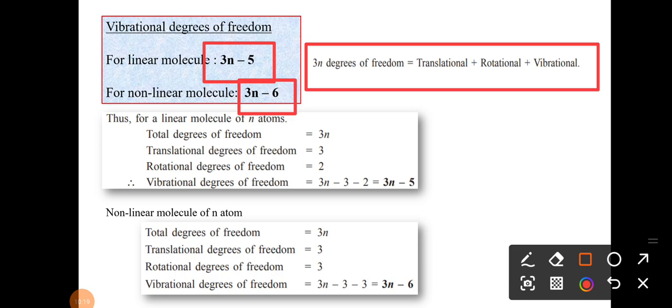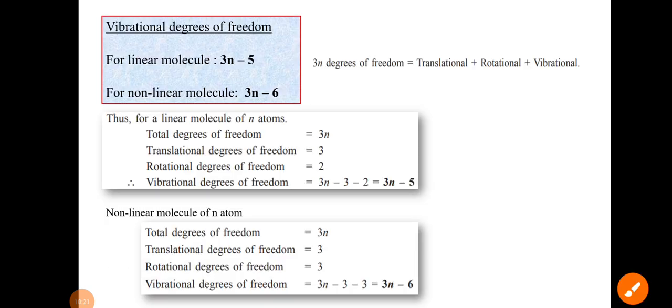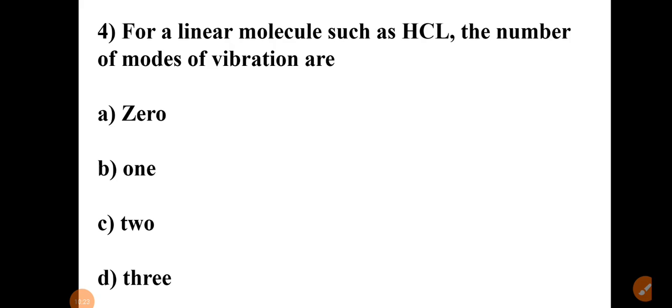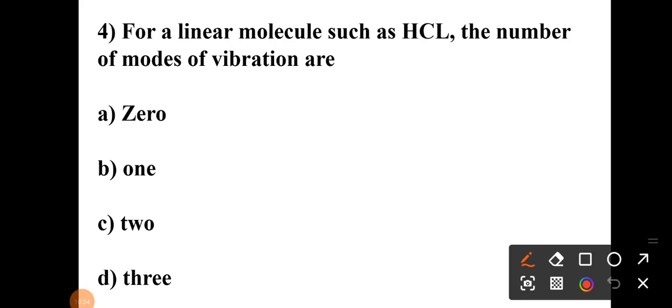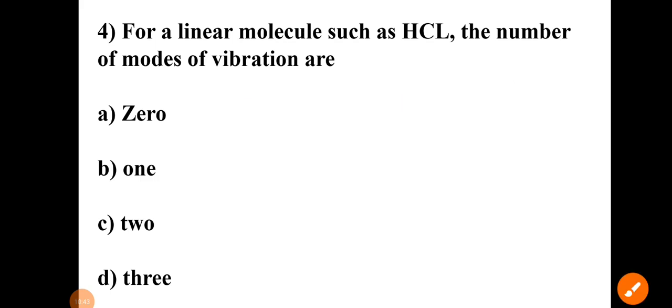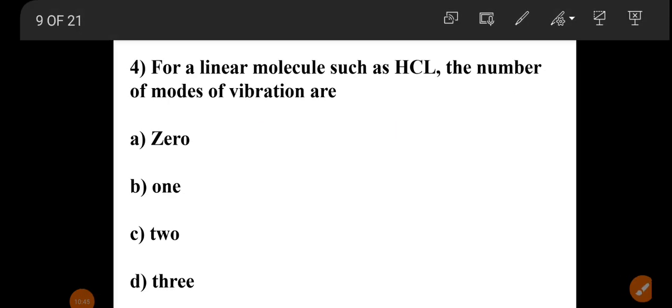Now we are moving to the question. For a linear molecule such as HCl, the number of modes of vibration are? In HCl, how many atoms are there? Hydrogen and chlorine, so a total of 2 atoms. So n is equal to 2.